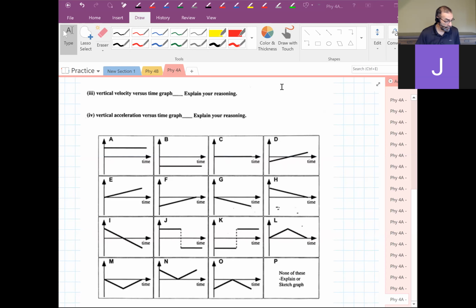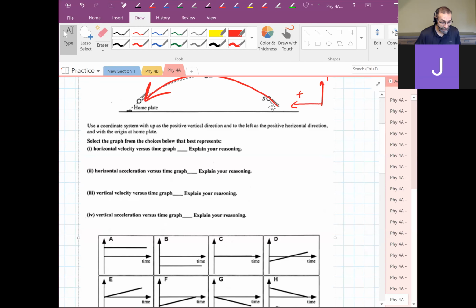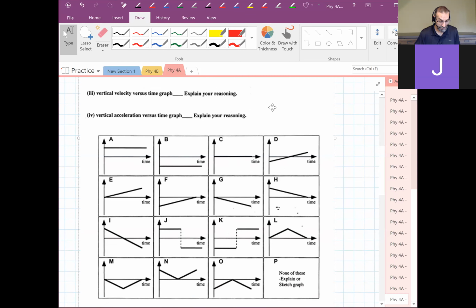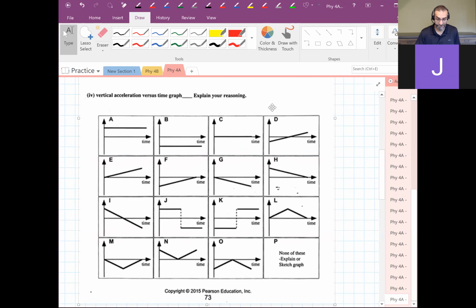We're looking at what are we looking at? Horizontal velocity versus time.